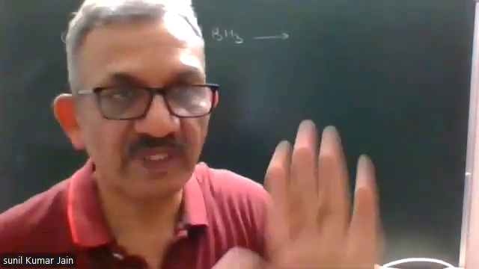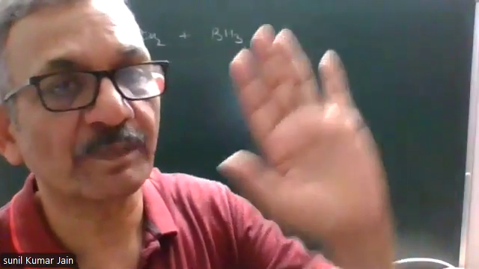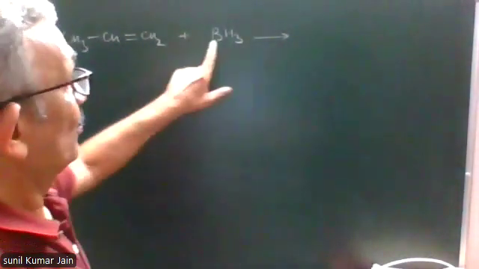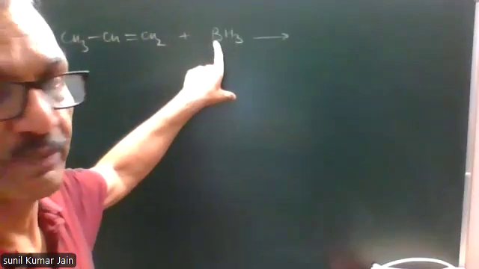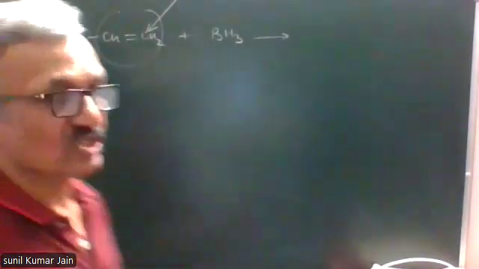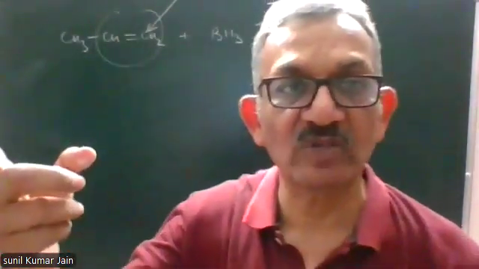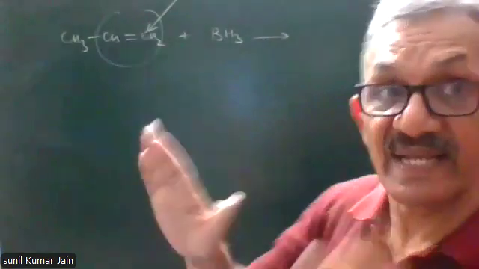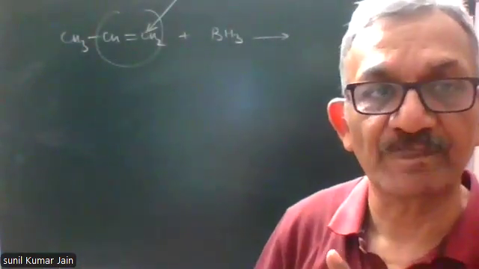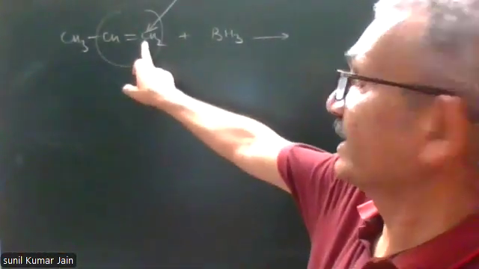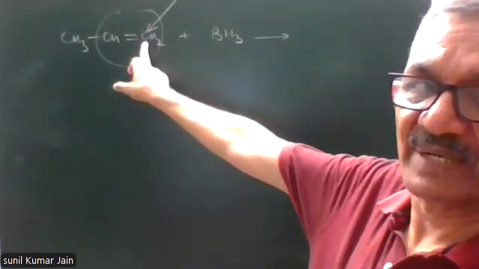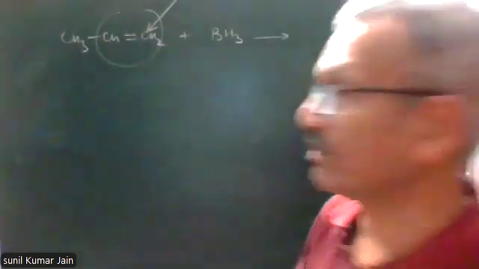Now, after this, do not write anything on the product side. Wait and try to understand. I told you boron of BH3 will form a bond with that carbon atom which is linked to more number of hydrogen atoms, or which is less alkylated, or which is linked to a shorter alkyl chain. It means in all the cases, it comes out to this carbon atom. Boron will form a bond with this carbon atom. The double bond will change into a single bond.